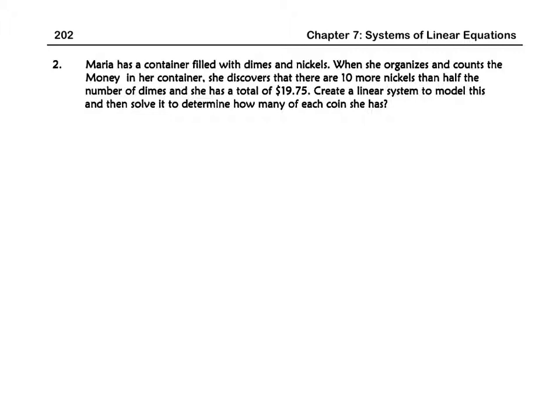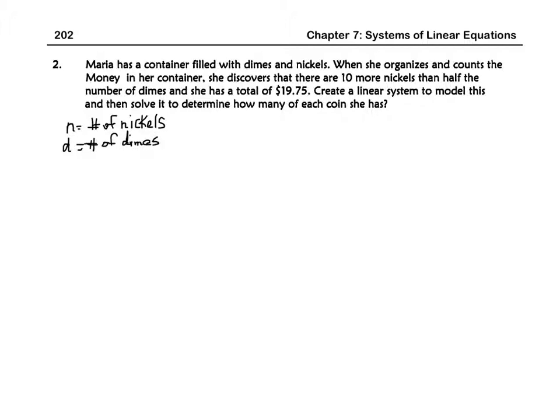So we're going to start off with assigning variables to those two things. So let n be the number of nickels in the container. And we're going to let d be the number of dimes in that container.